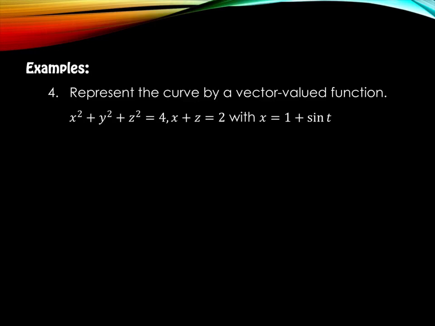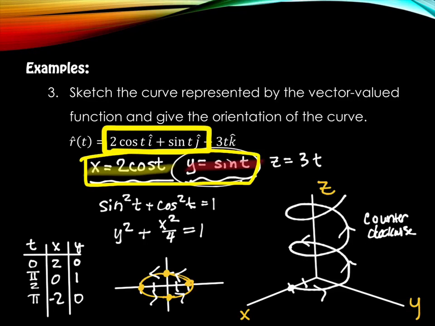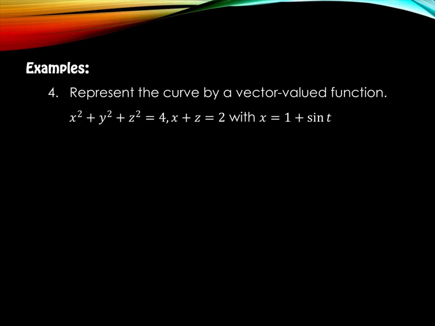Let's take a look at another one. So if we've taken something and sort of parsed it out and looked at it in terms of a rectangular equation, which is what we've done here, right? We should be able to go back the other way as well. So now we actually have a rectangular type equation, right? It says x squared plus y squared plus z squared equals 4, x plus z equals 2, and x equals 1 plus sine t.